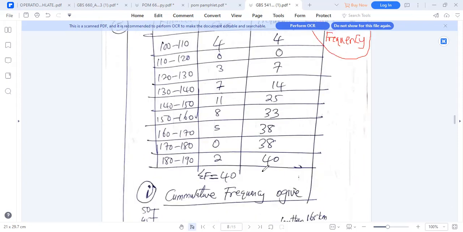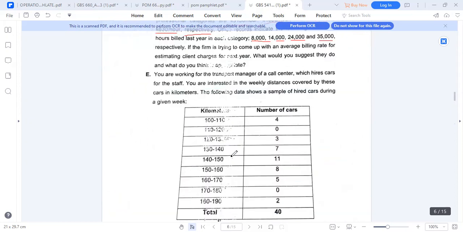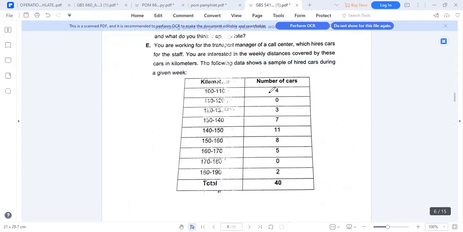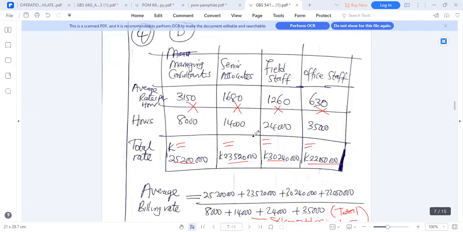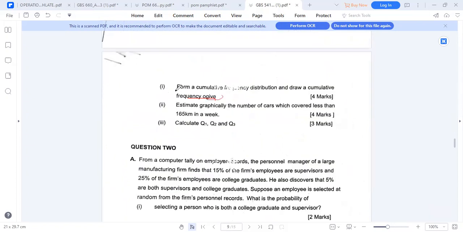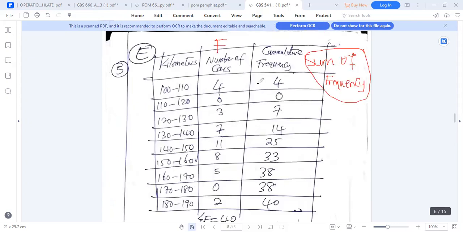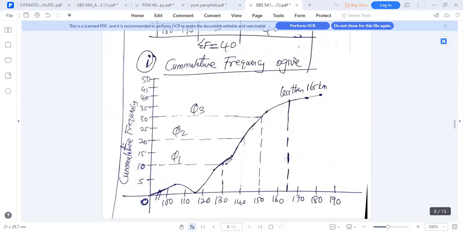The question required that we find the ogive from here. So we are simply graphing the cumulative frequency against the midpoint.